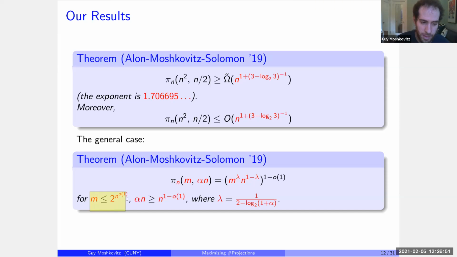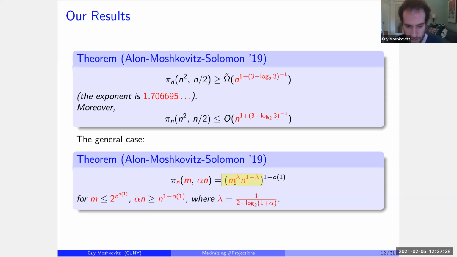Assuming that your family is of sub-exponential size, so maybe the number of sets is at most 2 to the power of square root of n, or something of that order, and assuming that the number of coordinates alpha n that you project on is at least maybe square root n or n to the 0.99 or something along those lines. So in particular, if it's a linear number of coordinates, then pi, this extremal quantity, the most projections you can guarantee, is given by this quantity.